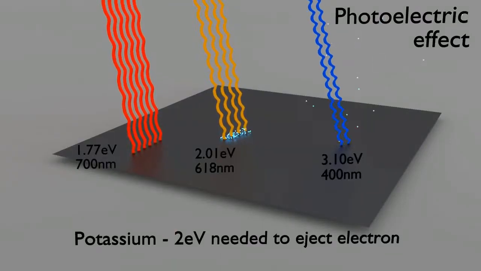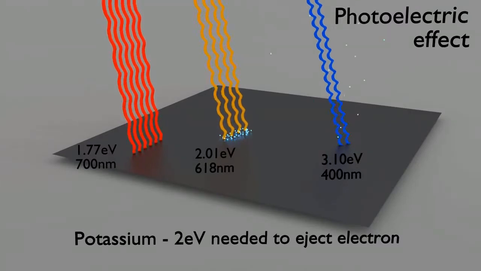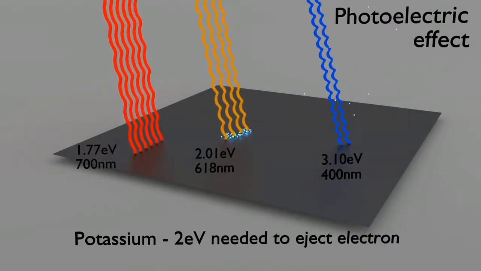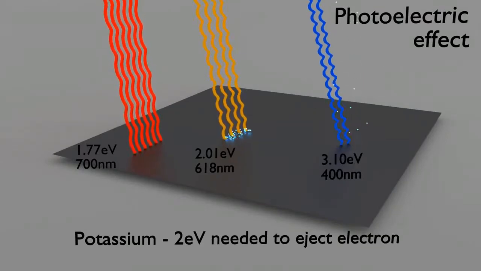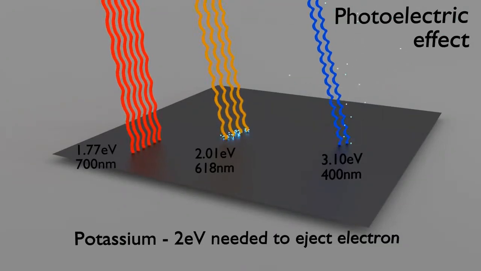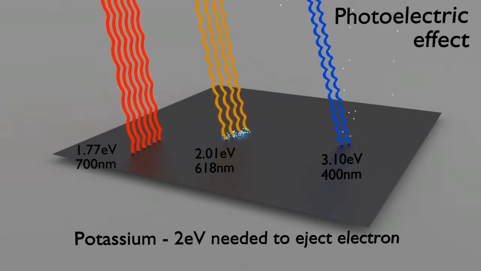When the incident photon has energy less than the work function of the metal, no photoelectrons will be emitted.